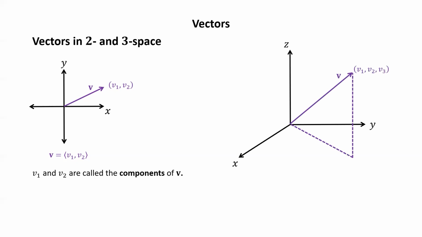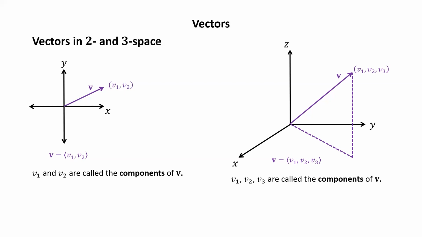We could do something entirely similar in 3 space. Here we have a picture of a vector v whose terminal point is the point v1, v2, v3. And therefore, we can write the vector using angled brackets with components v1, v2, and v3, completely analogous to what we did in 2 space.